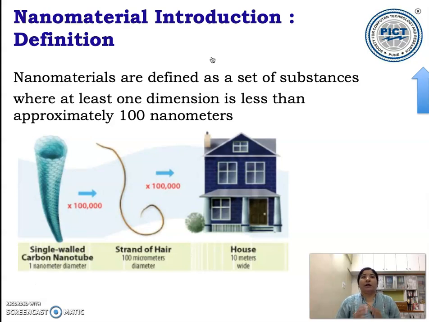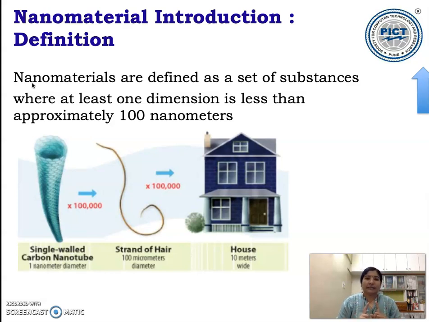According to the ISO, that is International Organization for Standardization, the prefix nano refers to the size ranging approximately from 1 nanometer to 100 nanometers, and as a comparison, the diameter of a carbon atom is about 0.25 nanometer, and the distance between the carbon atoms is 0.15 nanometer.